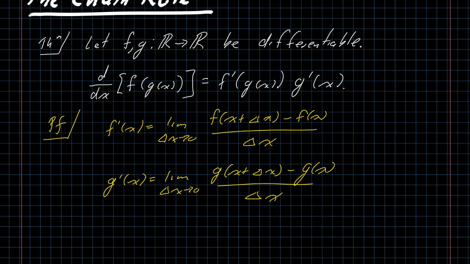But to prove this, I'm going to start off with my definitions of f prime and g prime. I know that these are two differentiable functions, so I know that these two limits must exist.